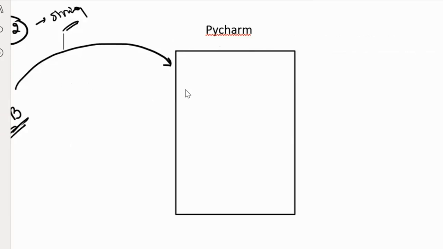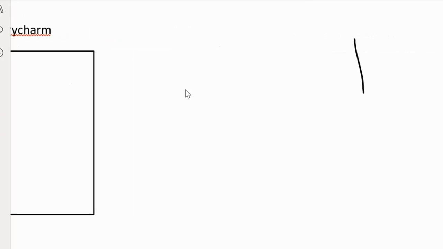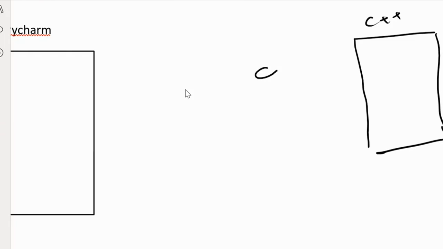If I do the same thing with another programming language, like C++ or Java, what will happen? The data is 1 GB. When I give this 1 GB of data to C++, while processing it will occupy 1 GB only.